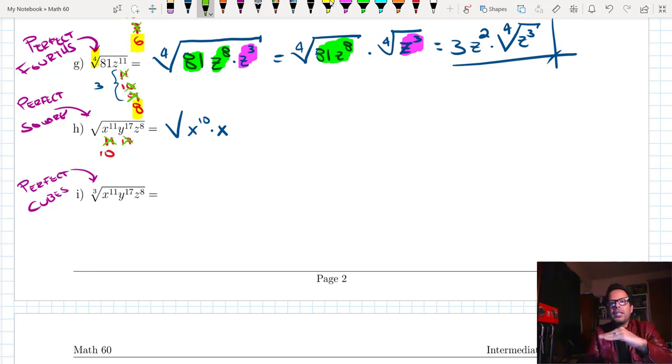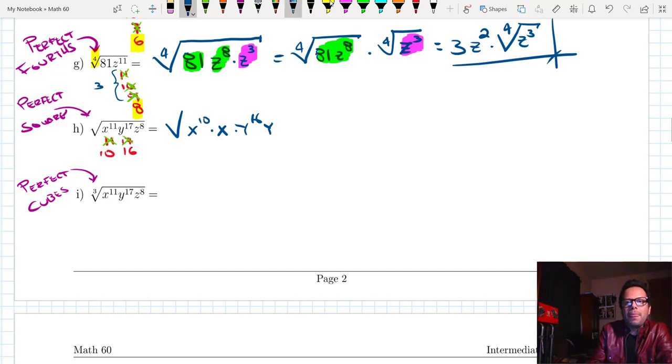And let's try one integer less. What about 16? Is 16 divisible by the index 2? The answer is yes, because 16 divided by 2 gives us a nice integer, which is 8. So we write y to the 16th power times y, right?